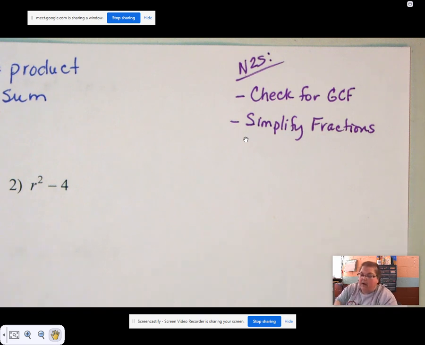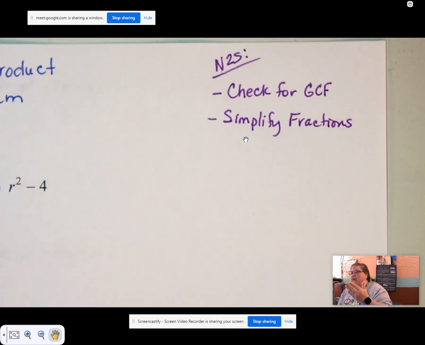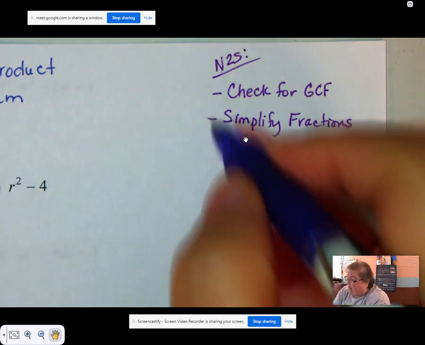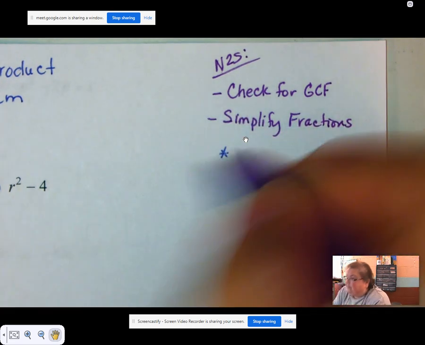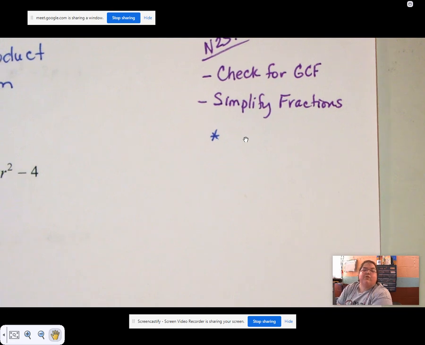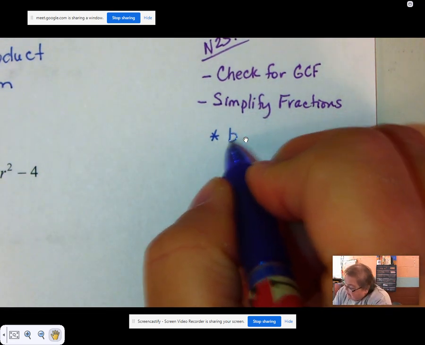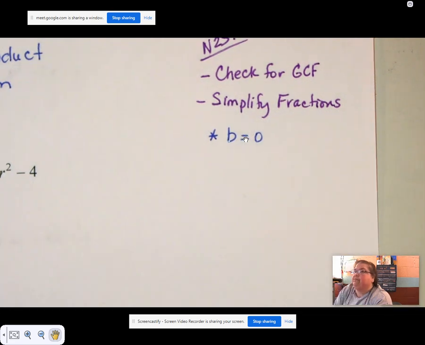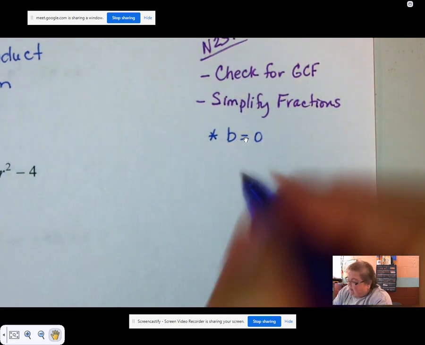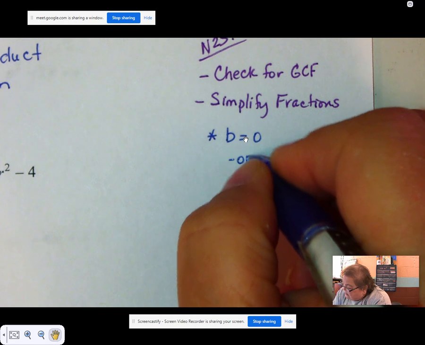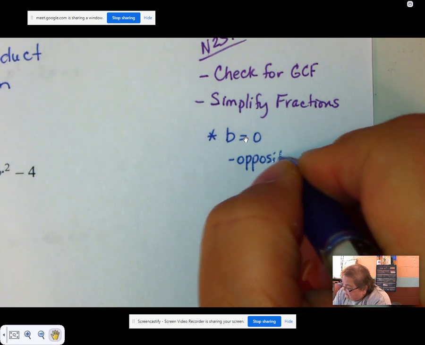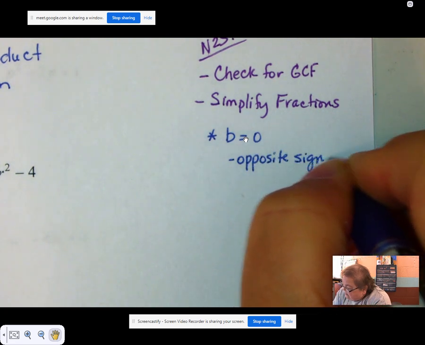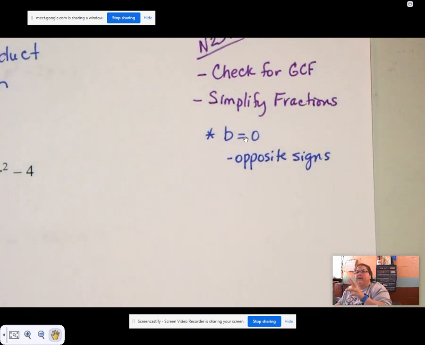Check those out. Okay, now here's something that I want to give you that is specific to special cases. Okay, and I'm going to use an asterisk with these. It has to do with your B value. If B equals 0, then you're going to have opposite signs. Because when I have opposite signs in a binomial, with special cases, it gives me a 0.